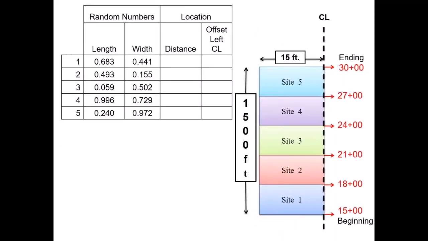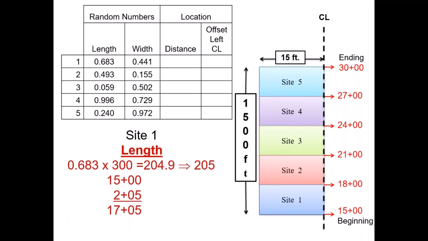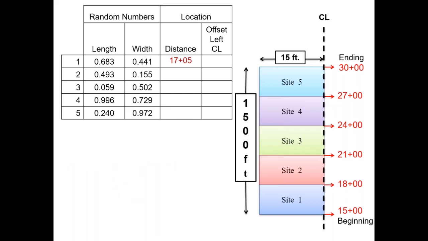We'll take that, apply random numbers to our distances, and we'll come up with our test locations. A random number of 0.683 times 300 gives us 205 feet. Our beginning station is 15+00. We'll add 205 feet to that, and we get 17+05.